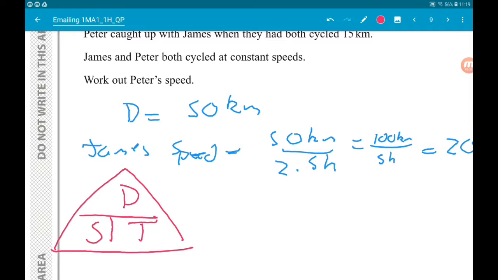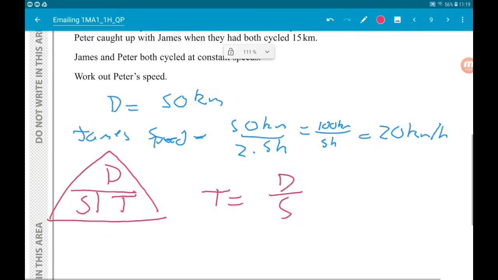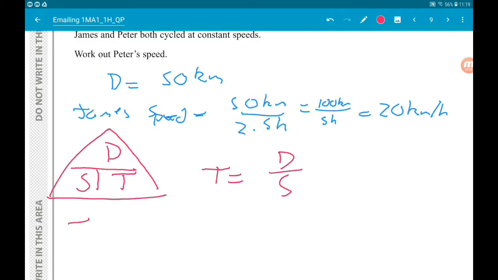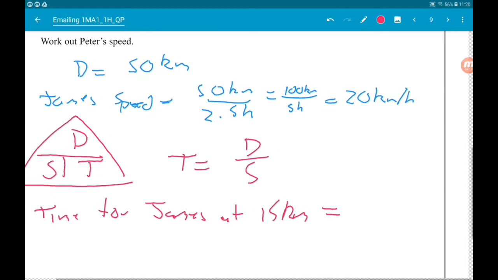So time is distance over speed. So the time for James to cycle 15 kilometers is 15 divided by 20.